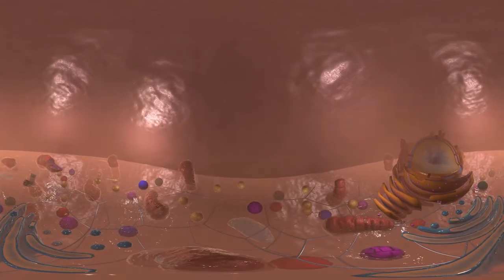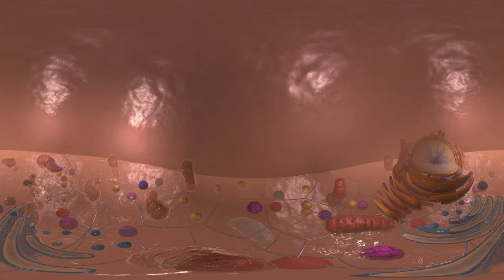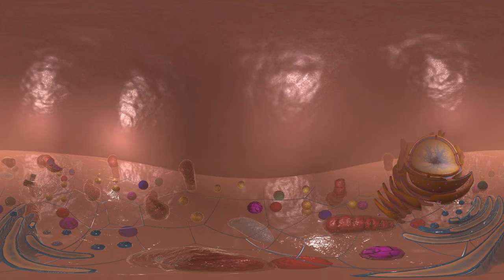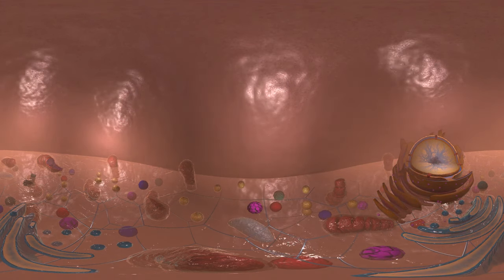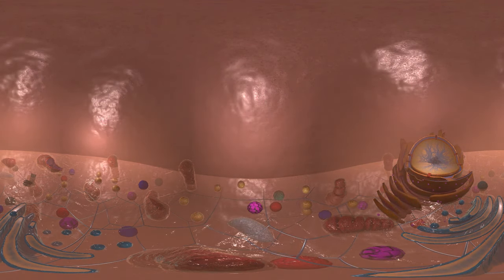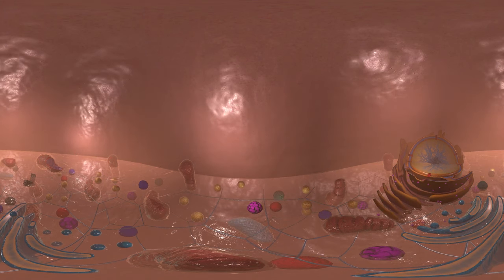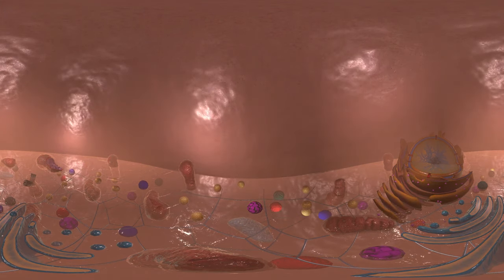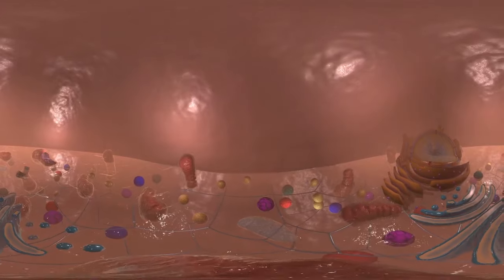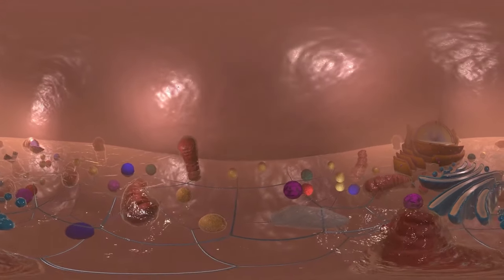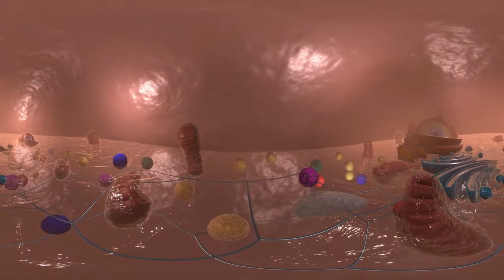Other things like cytoplasm, ribosomes, mitochondria, endoplasmic reticulum, peroxisome, Golgi apparatus, and nucleus are present in both cells. In the plant cell, there is a big central vacuole, but in the animal cell, a small vacuole is present.